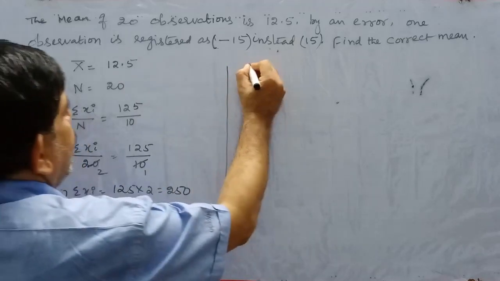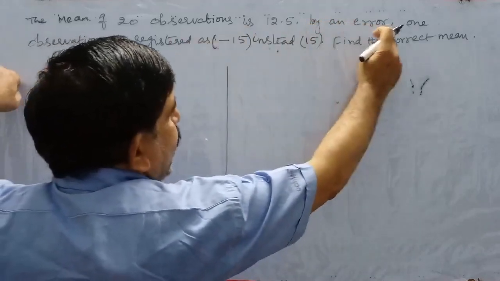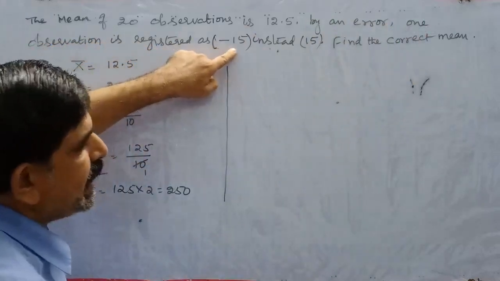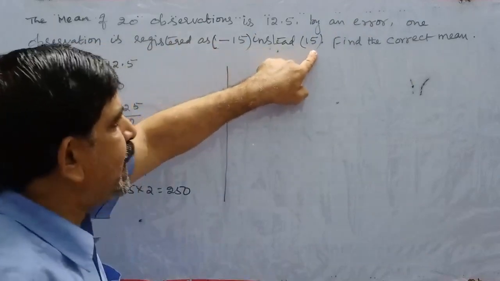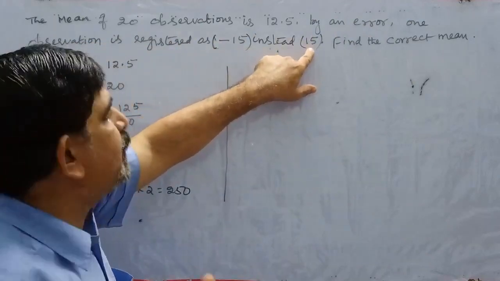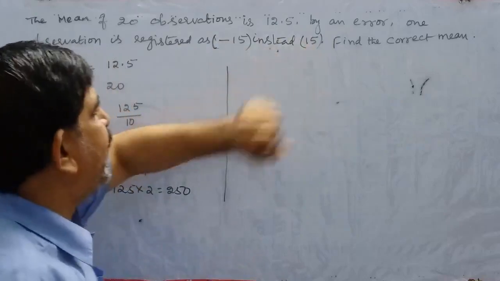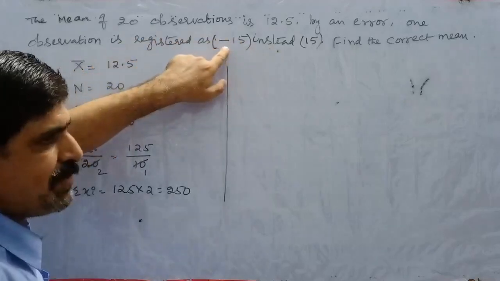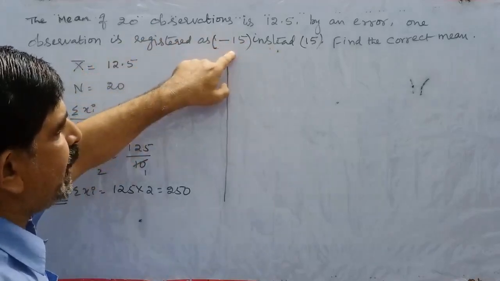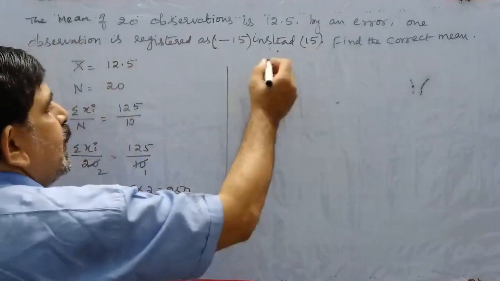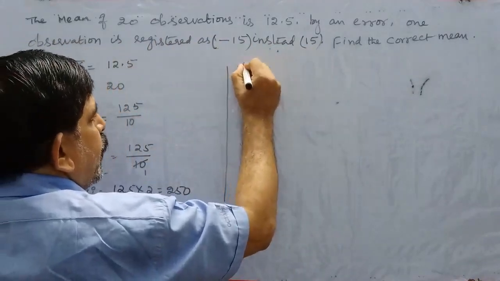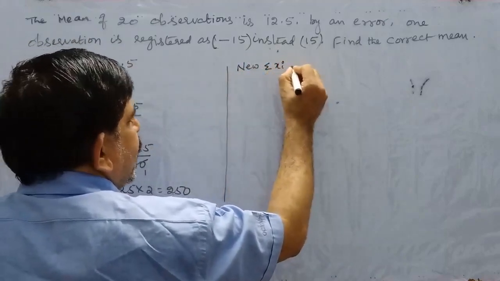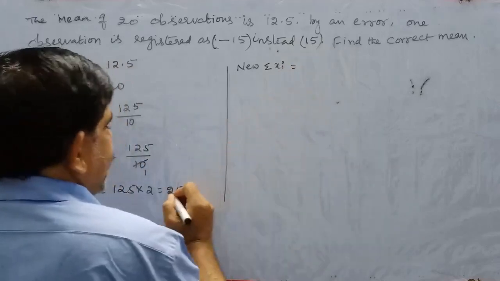Now, by an error, one observation is registered as minus 15 instead of plus 15. So what is the actual observation? 15. Which observation is registered instead of 15? Minus 15. So we have to delete minus 15 and add plus 15. So new sigma xi can be written as 250.